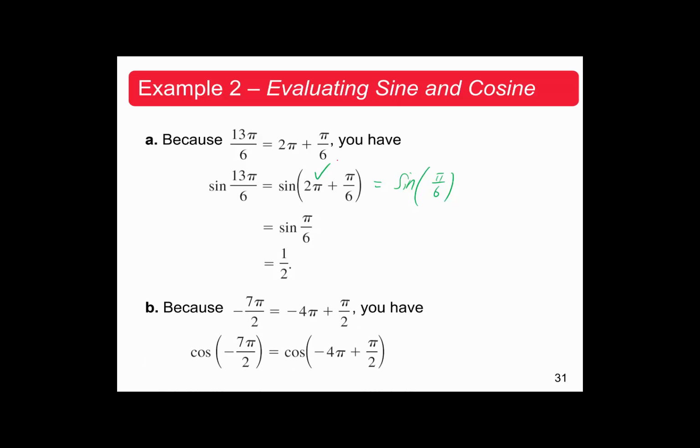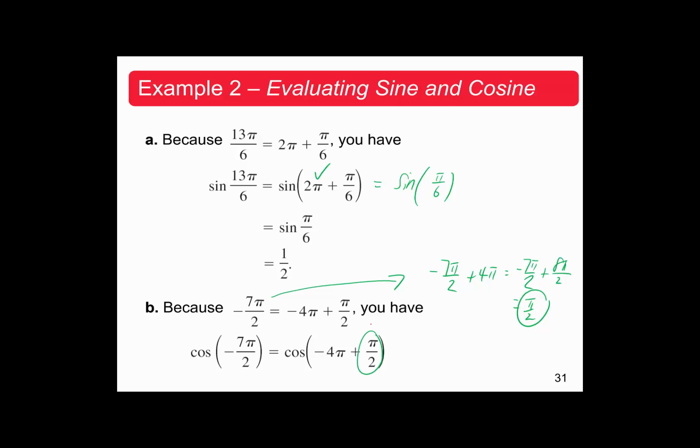Negative 7 pi over 4, similarly, you add 4 pi. Another way of looking at this is negative 7 pi over 2 plus 4 pi, which is negative 7 pi over 2 plus 8 pi over 2, equivalent to pi over 2, right?